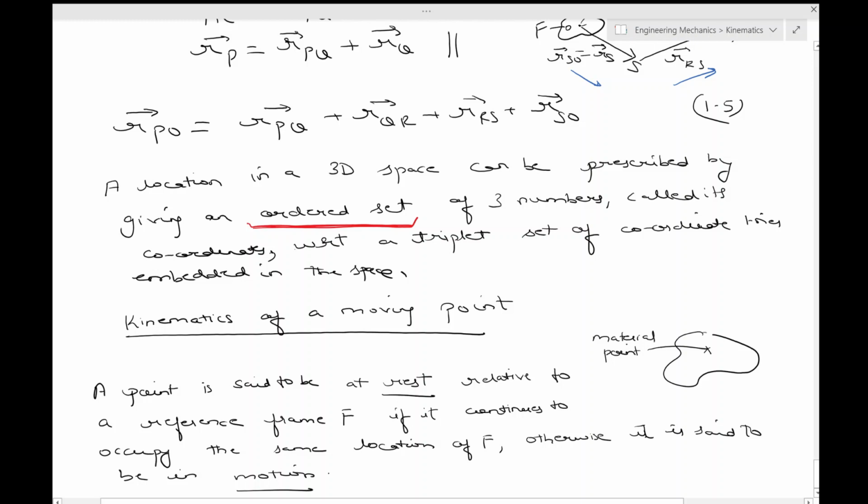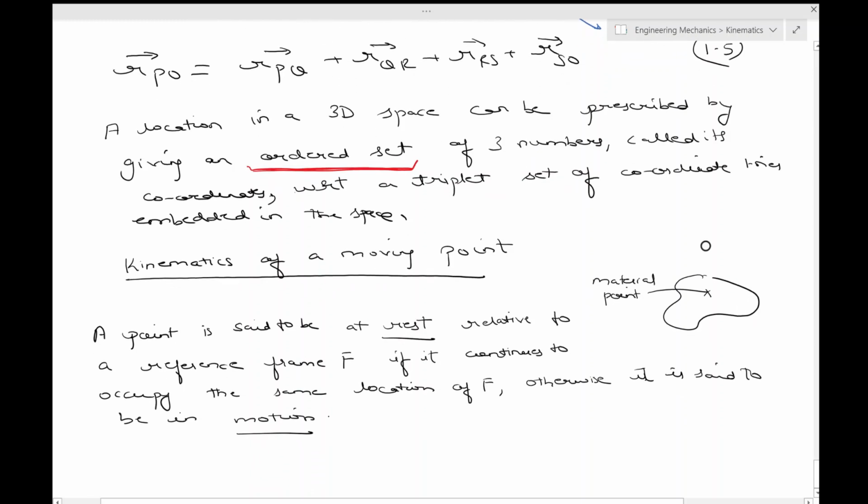So a point is said to be at rest relative to a reference frame F if it continues to occupy the same location of F, otherwise it is said to be in motion.